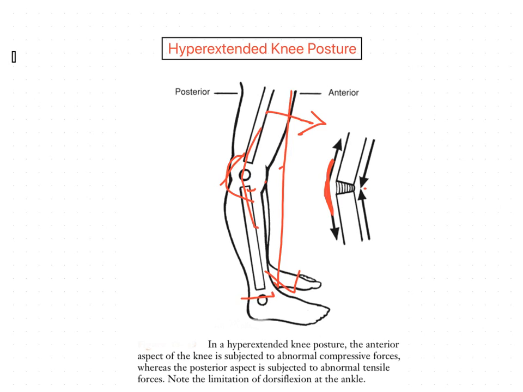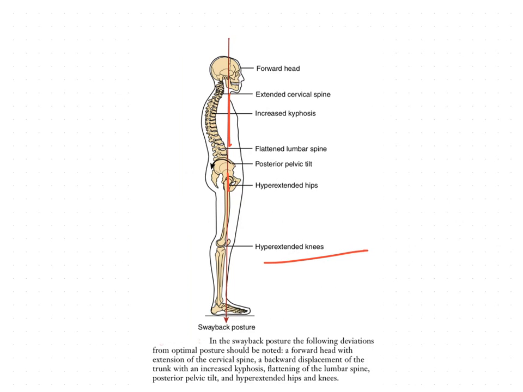And some of the habits which are formed in childhood, in which the child or adolescent always elects to stand with hips and knees hyperextended in the relaxed or sway back standing posture. We can see here that sway back standing posture. So here, this is the hyperextended knees and the hip. This is the sway back.